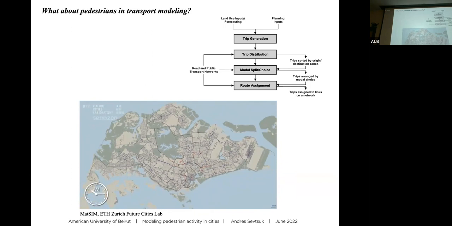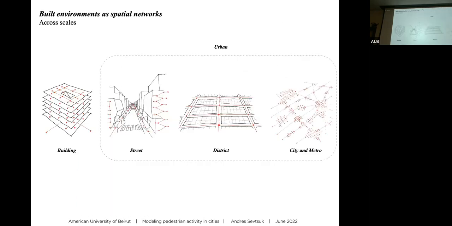There hasn't been a very strong emphasis on pedestrians. The emphasis has largely been on motorized transportation, whether it's public transport, buses and rail, or private cars, taxis, etc., with fairly little attention on pedestrians. So this is a really interesting space to fill on an analytic basis.